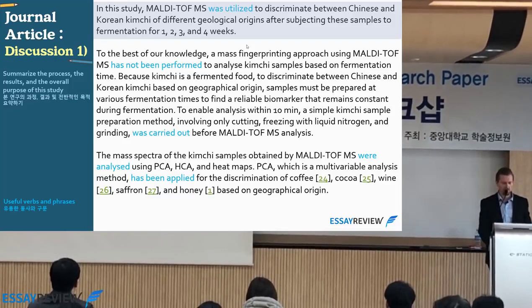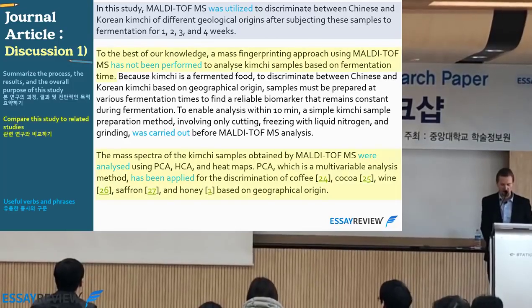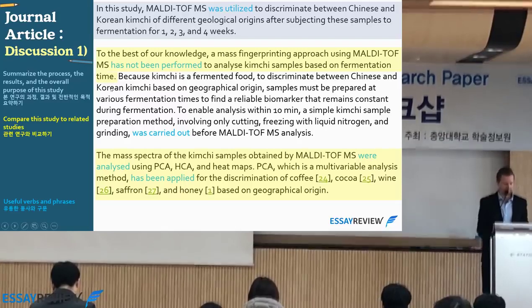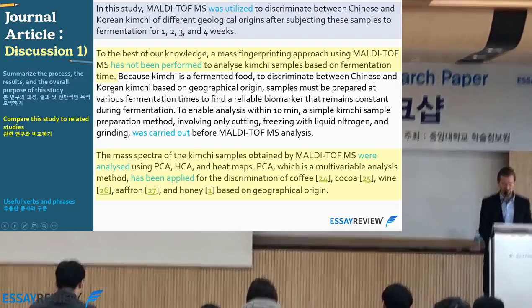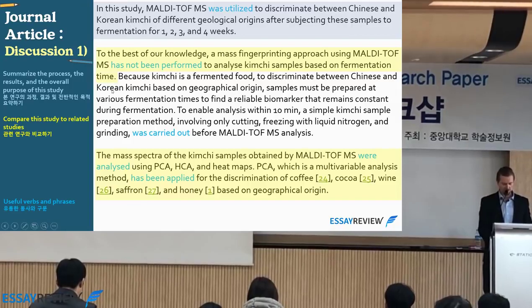But this starts off by, why is your study important and what did it yield? So they write, to the best of our knowledge, a mass fingerprinting approach using MALDI TOF has not been performed to analyze kimchi samples. You're comparing your study to other studies. Why is your study better? Why is it unique? And they do this again. The mass spectra of kimchi samples obtained were analyzed using PCA, HC, and heat maps. This is interesting.